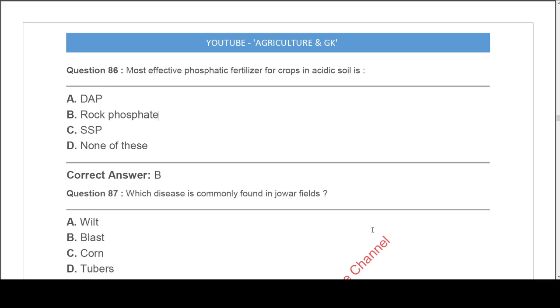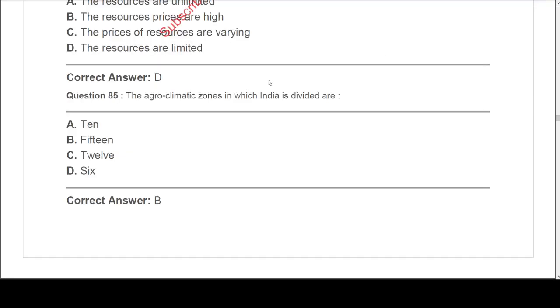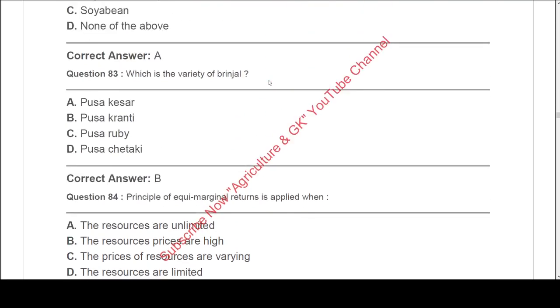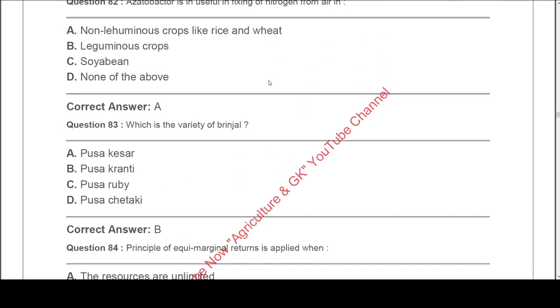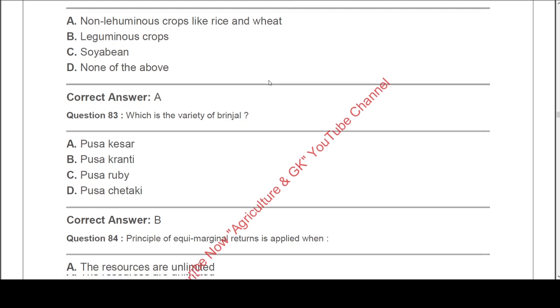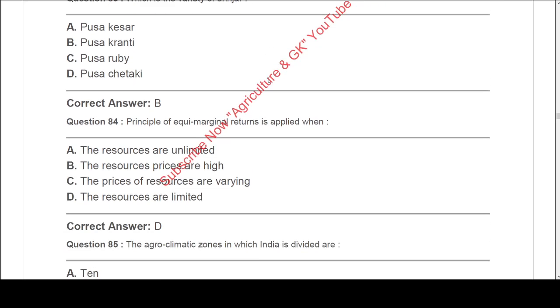Which is the variety of brinjal? It is Pusa Kranti. Option B. Varieties are important. You have to concentrate on the major varieties which are released by the major institutions.